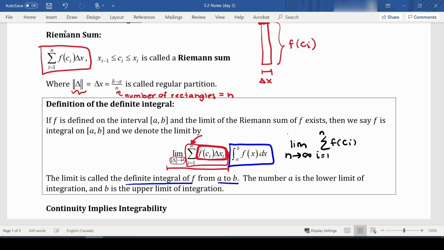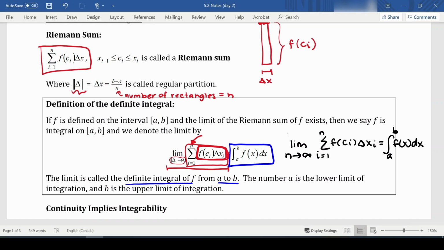And again, to find the area of one rectangle, we would do f of ci times delta xi. This is also equal to our integral or our area under the curve.